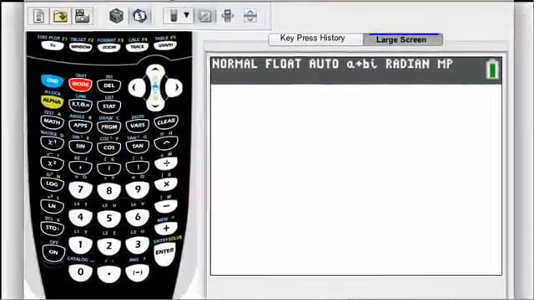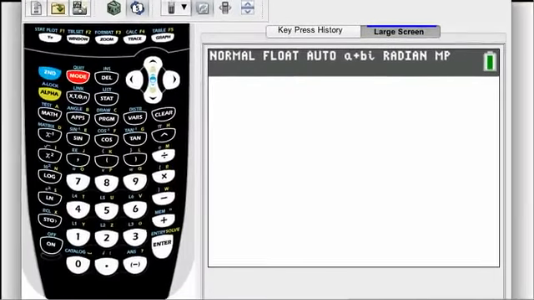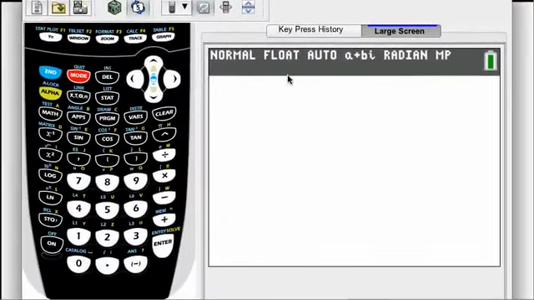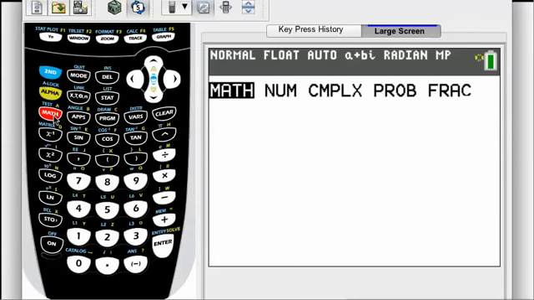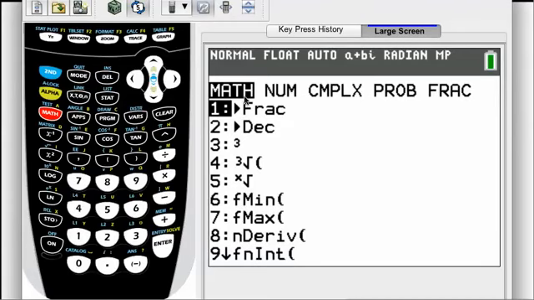Okay, so here is the TI-84 Plus Color Edition. This is the keypad only, and here's what the screen looks like. Now, the stuff here on the top, you don't have to worry about that. To access the solver, it's kind of hidden. You'll find it by pressing the Math key, and then you've got your submenus: Math, Num, Complex, and so on.